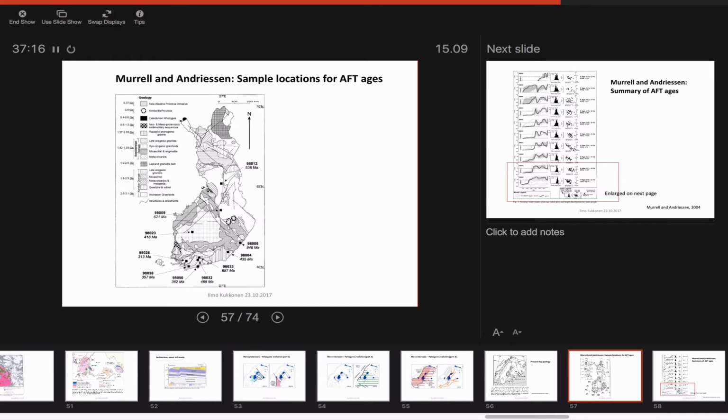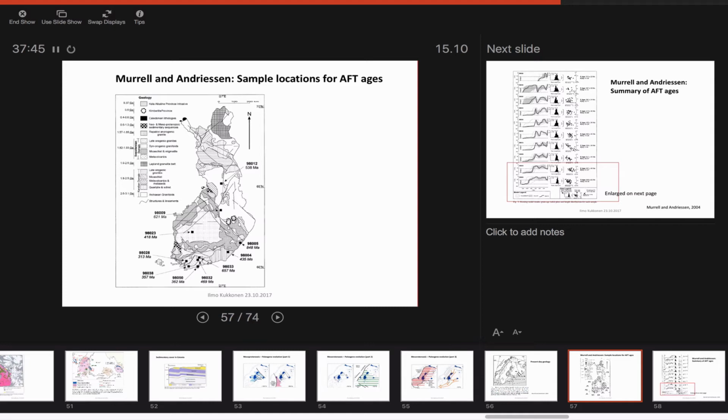And this damage is the fission track. And the more fission tracks you have there, the more time the crystal has spent at temperatures below the closure temperature. Because above the closure temperature, the tracks are healed. They are self-healed. The recrystallization of the apatite takes care of destroying the tracks, and this way you can do it.